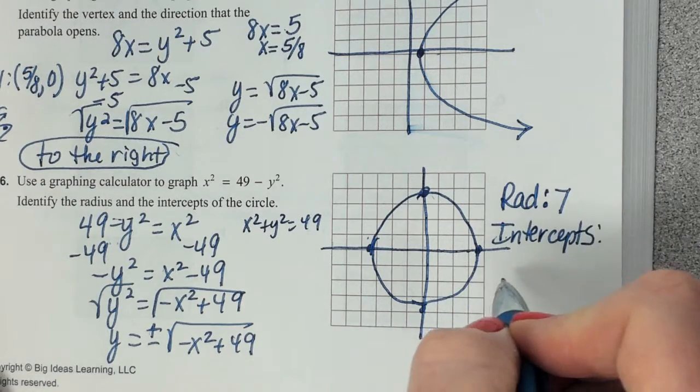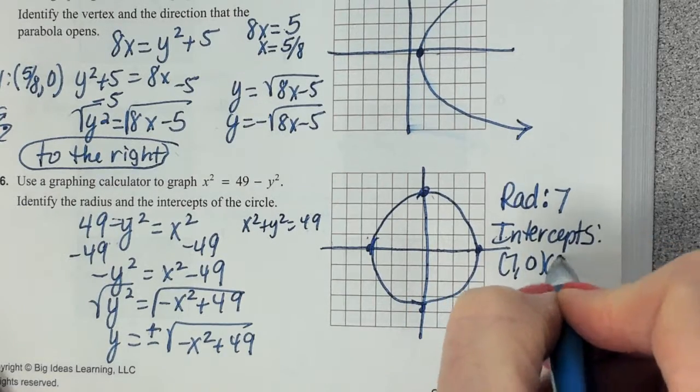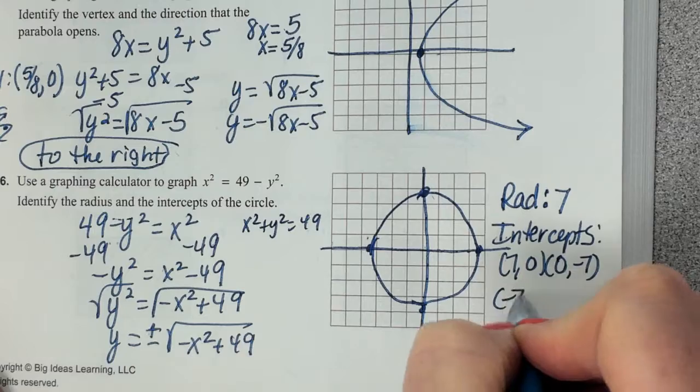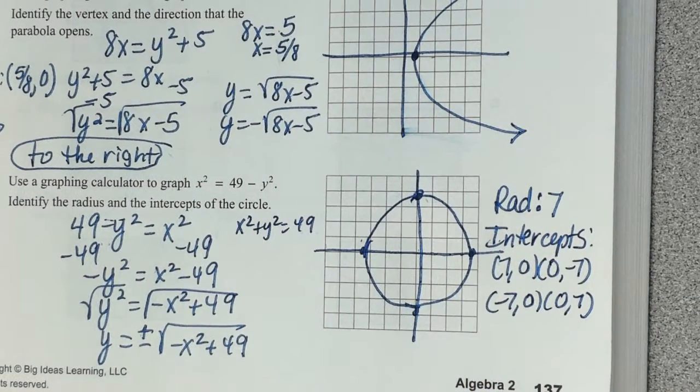Logan, can you tell me what they are? 7, 0, 0, negative 7, negative 7, 0, and 0, 7. Very good. Okay? Any questions on that? Not too bad, right? Okay. That's all the new notes and everything for today.